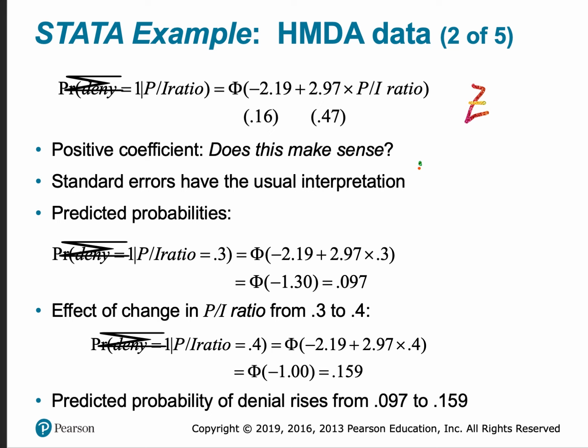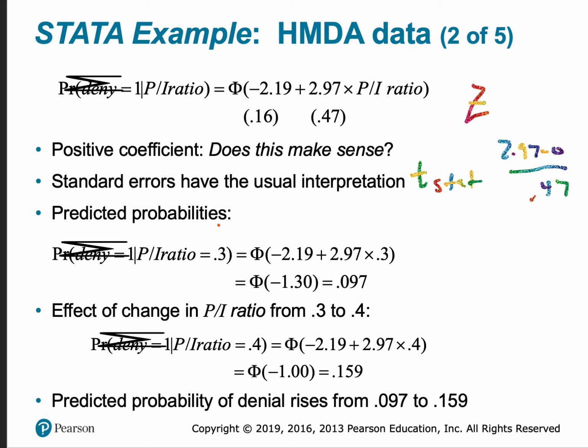First, let's just write down the test statistic. The t-stat, this may be 2.97 minus 0 over 0.47. That's your test statistic. And you can compare that to your 1.96 critical value at the 5% level of significance.